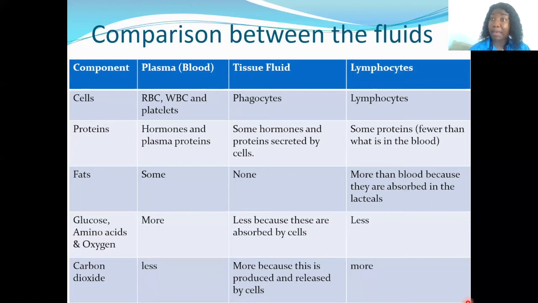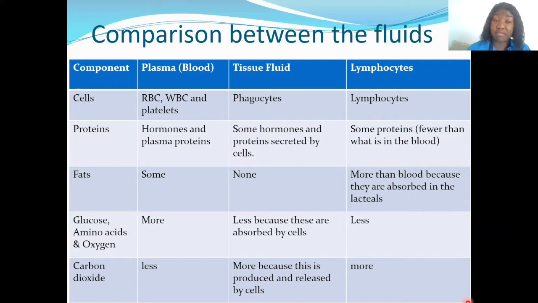So what happened in terms of protein? Proteins found in the plasma and blood would be hormones and plasma proteins. In the tissue fluid, you will find some hormones and proteins that are secreted by cells. And in terms of the lymph, you have some proteins, but it's definitely fewer than what you would find in the blood. Okay?